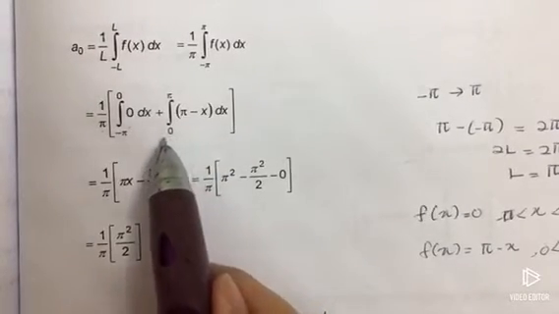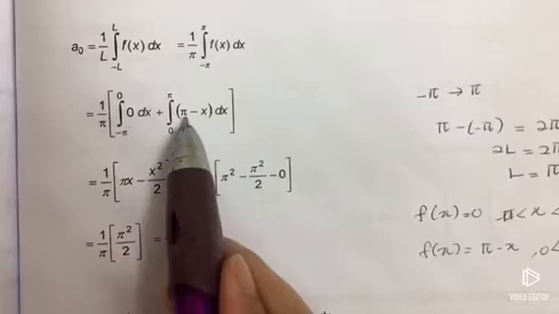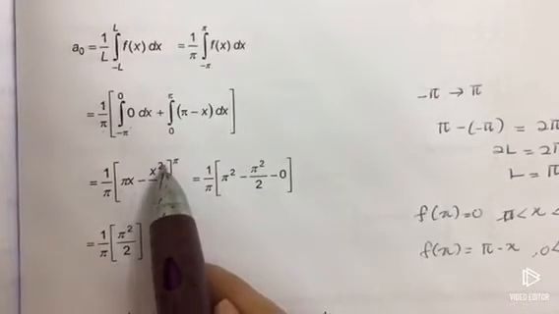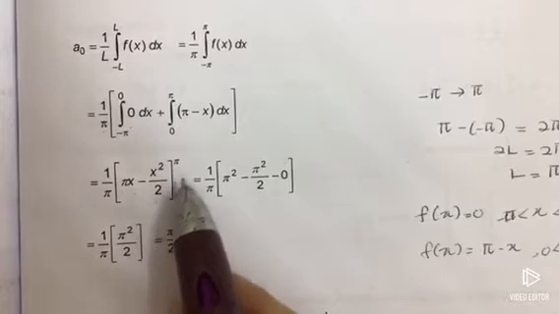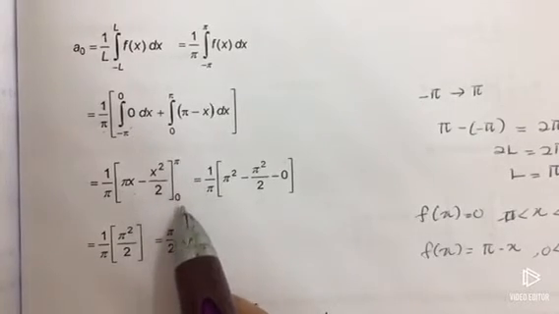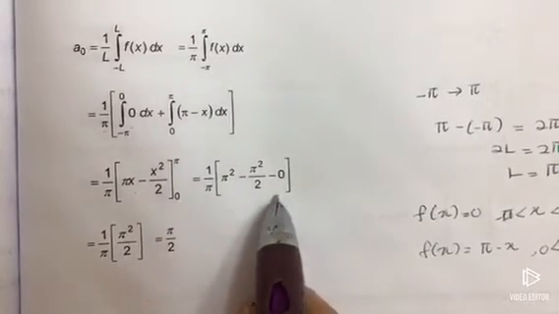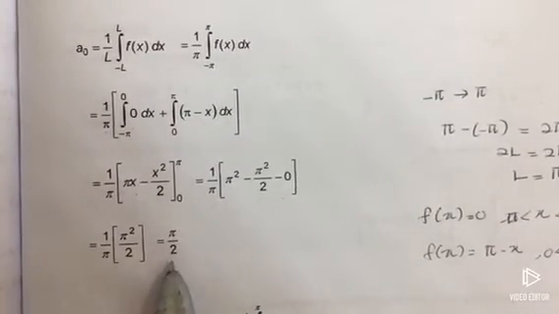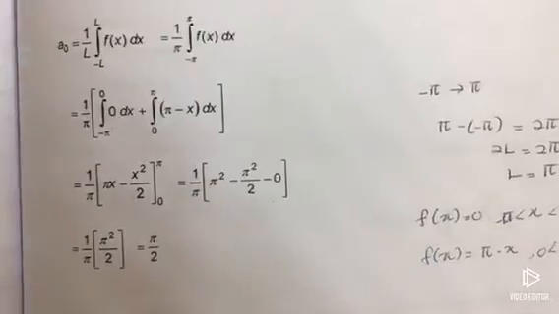So we need to integrate this one. Integrate pi equals pi x. Integrate x equals x squared over 2. And then we substitute by pi and 0. So we get the final answer for A naught is equal to pi over 2.